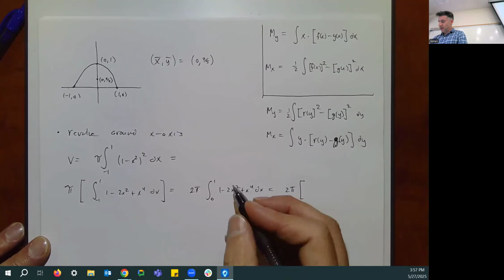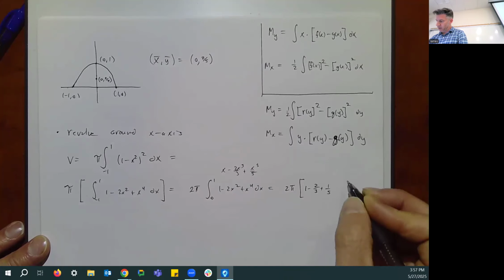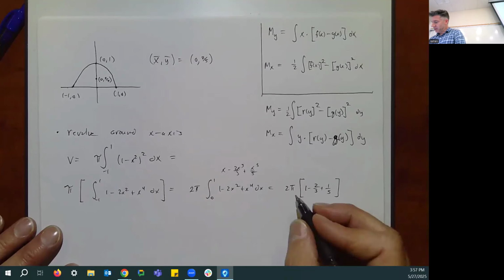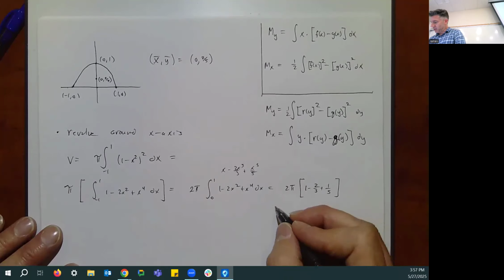And then when I plug in 1 and 0, I'm just going to get 1 minus 2/3 plus 1/5 minus 0 minus 0. That's going to be 2 pi times 15 minus 10 is 5 plus 3 is 8. So I should get 16 pi over 15. I hope.